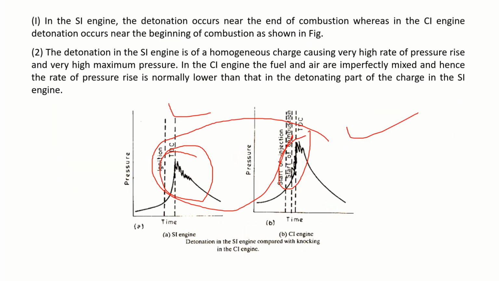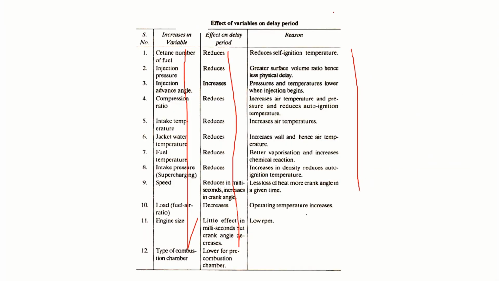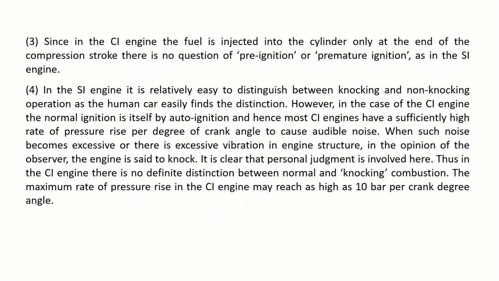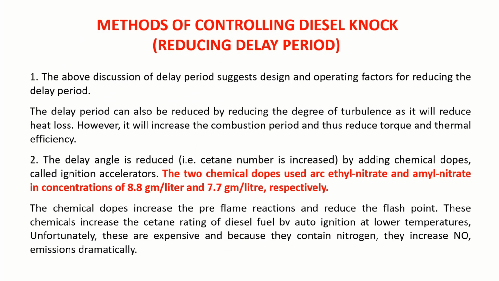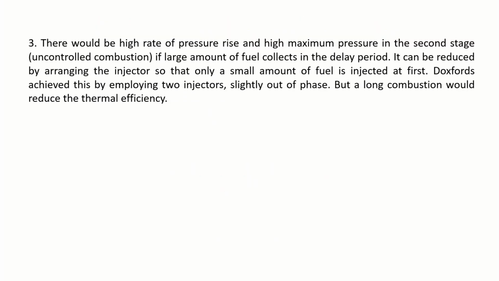But the whole summary, what I would like to say, is that I wanted to make it very clear to everyone what the stoichiometric air fuel ratio is in a petrol engine and in a diesel engine. They are almost the same. Second, what are the ignition limits?